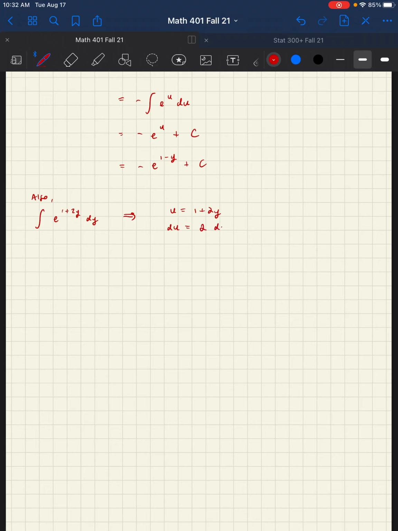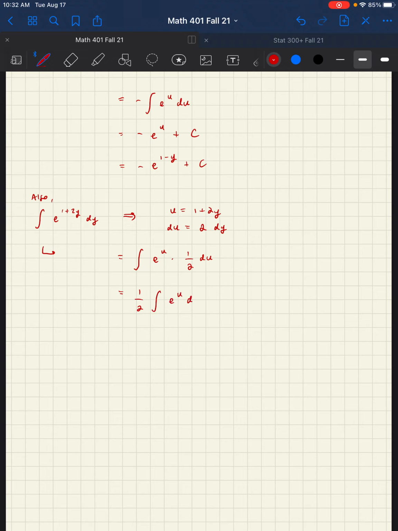So du is going to be 2 dy, again, by deriving. And so that means that this integral is going to become the integral of e to the u times 1/2 du, because if you want to isolate dy, you have to divide both sides by 2.